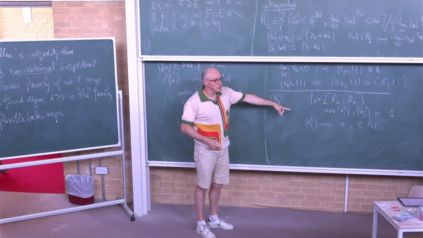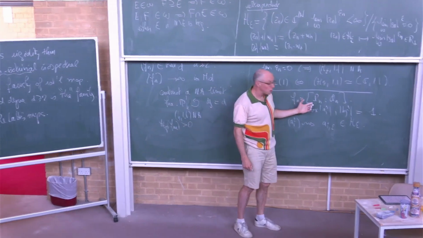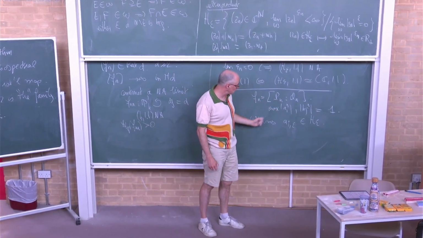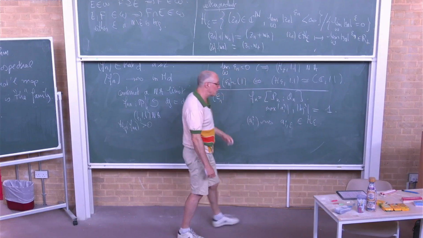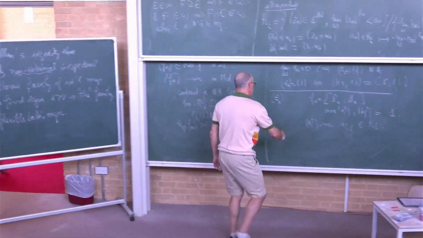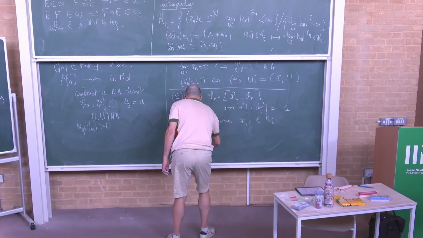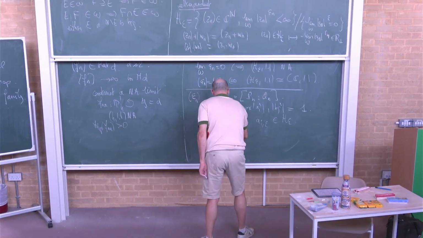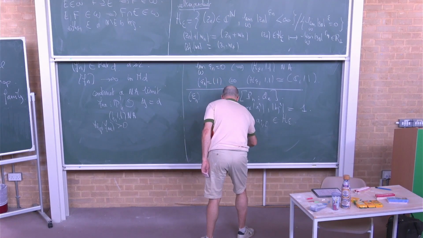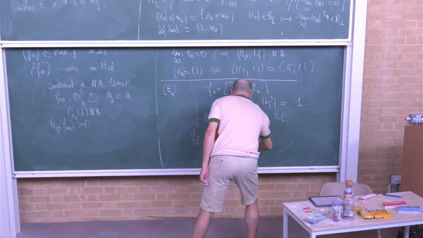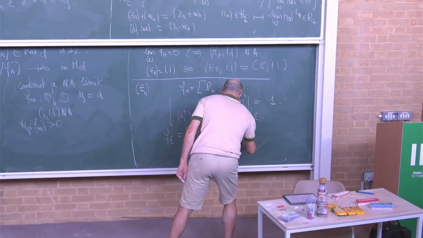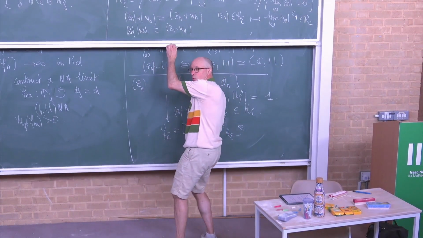Here we're doing exactly the same, except that it's no longer a family but a sequence, and you interpret it in H epsilon. So you get a map F epsilon, which is a rational map on H epsilon.